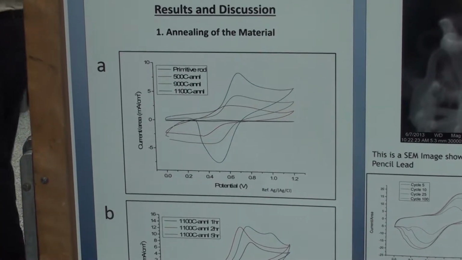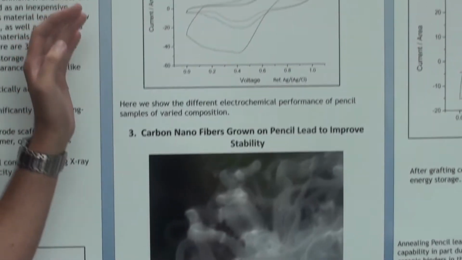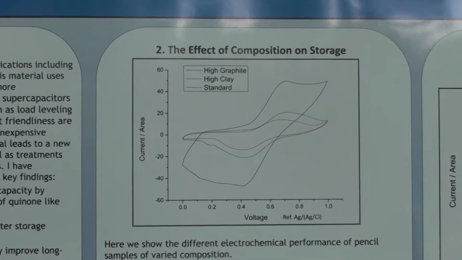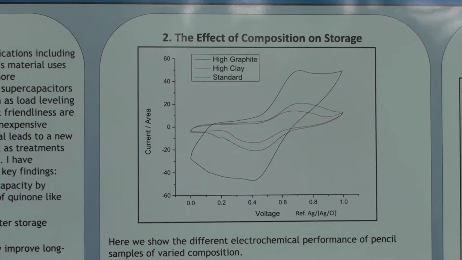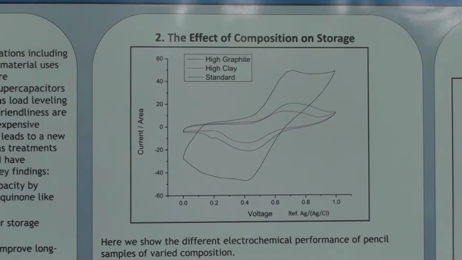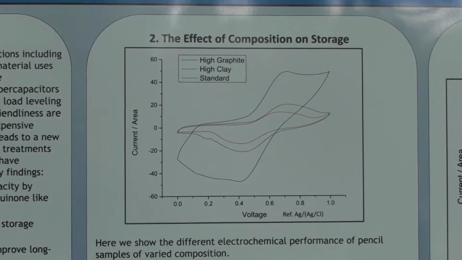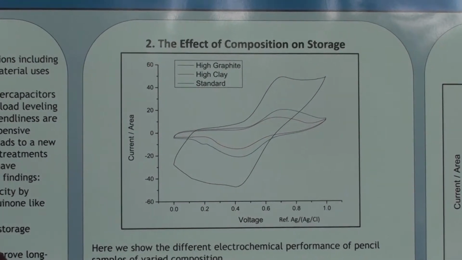From there, we also studied the effect of the composition of the actual graphite itself on the capacitance of the material. So pencil graphite is actually a little bit misleading because it's not pure graphite. It is a mixture of graphite and clay.